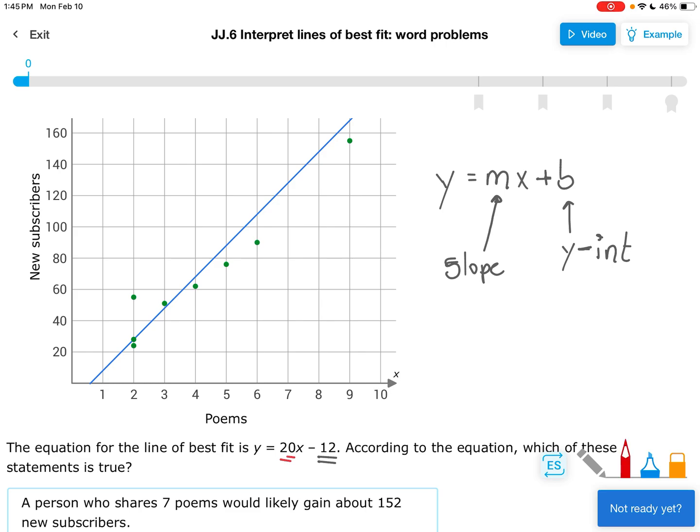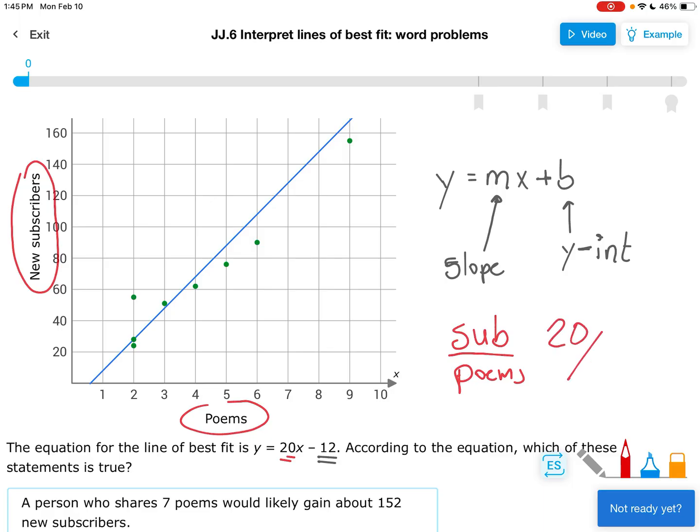So they're saying that the slope is 20. And if we look at the units we're talking about, so we're talking about rise over run, so it's subscribers per number of poems. So this is saying that there are 20 subscribers per poem, or 20 more subscribers per poem.